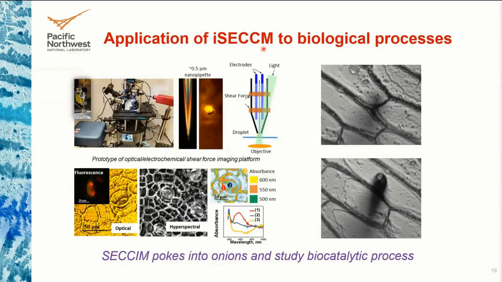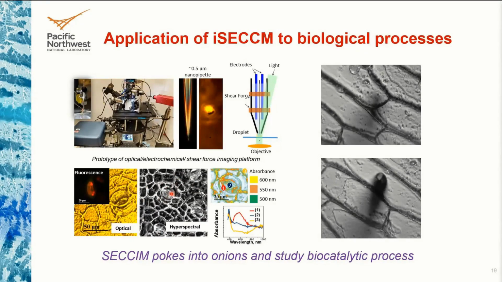Another application of the SCCM platform is that we apply it to study some biological processes, particularly in onion cells, wherein we wanted to poke into the onion cell and understand the spectroscopic response. Herein, instead of fluorescence spectroscopy, we use a hyperspectral detector, which measures the absorbance signal of a certain region of the surface or the sample.